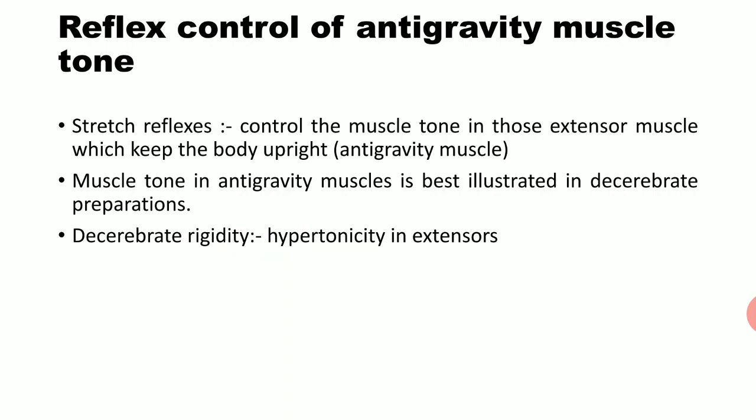In this type of animal there is development of decerebrate rigidity, in which there is hypertonicity in extensor muscles. So in reflex control of antigravity muscle tone there is development of the stretch reflex, and this reflex is helpful for maintaining posture.